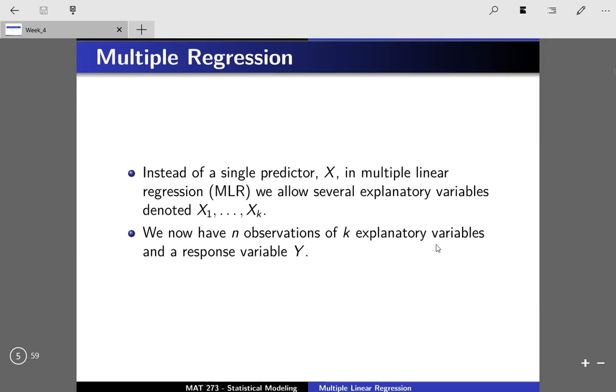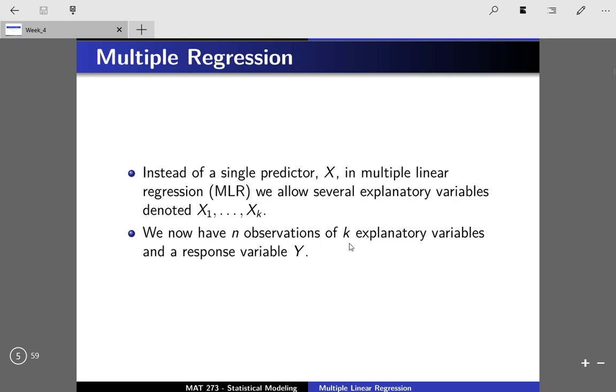Now extending this model to multiple explanatory variables, we're moving on to multiple linear regression. And so specifically, instead of just a single x, we have, say, x1, x2 through xk, where k is our number of explanatory variables that we have now. So we still have n observations for our data set, or n data points, but we have k explanatory variables or features measured, as well as a response variable y.